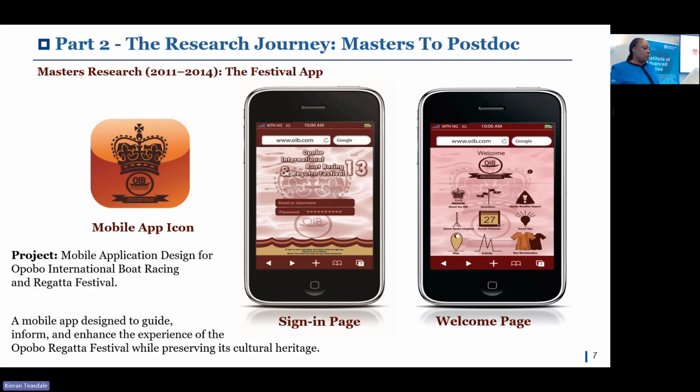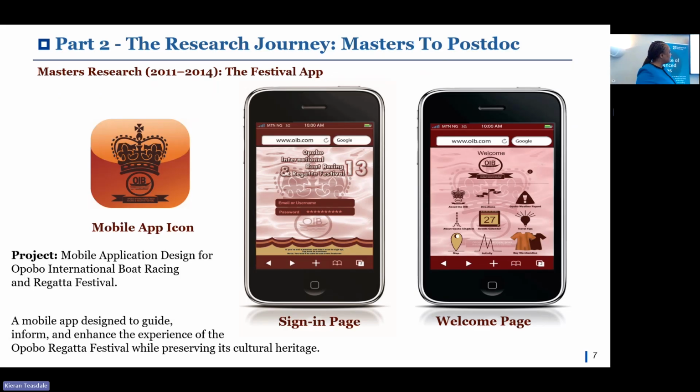And so it was pretty straightforward: create an interface that could guide visitors through the festivals and all the activities there, to provide historical information, and to enhance the overall cultural experience. However, while I was extracting information, taking photographs, going about the town, and interviewing people, I discovered something deeper.